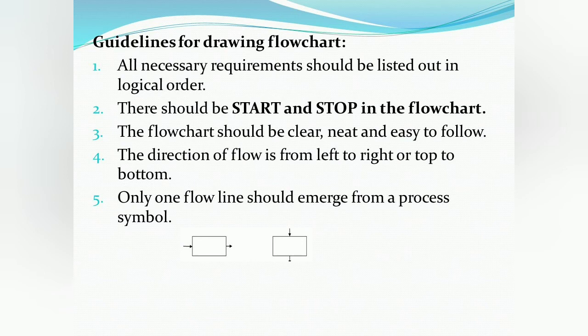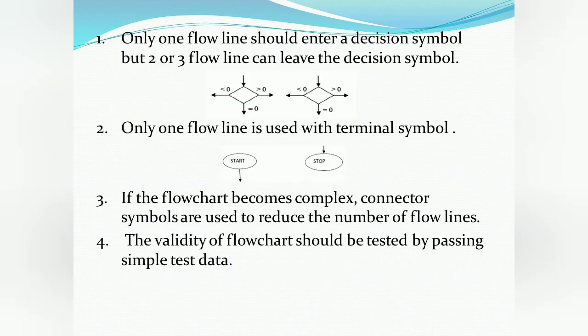Only one flow line should emerge from a process symbol. The process symbol can be shown by using the rectangle, which is used for the mathematical computations or a variable assignment. Only one flow line should enter a decision symbol, but 2 or 3 flow lines can leave the decision symbol.